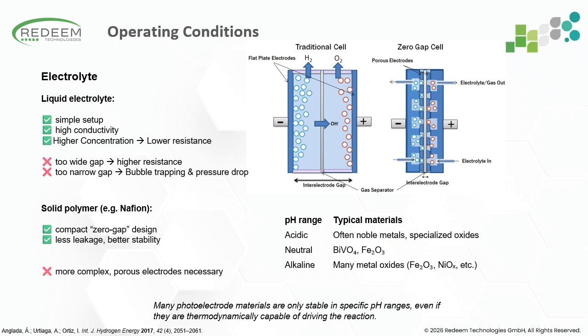And this is one of the reasons why zero-gap architectures, like here in the picture on the right, become increasingly popular. Here the electrodes are brought as close together as possible, only separated by an ion-conductive membrane. And this minimizes ionic resistance while maintaining efficient ion transport.